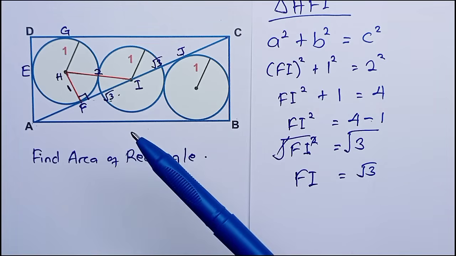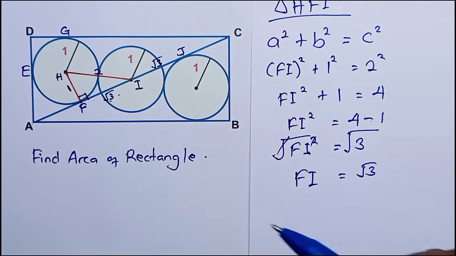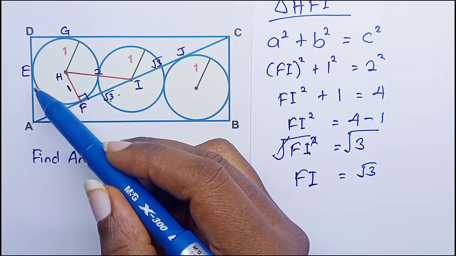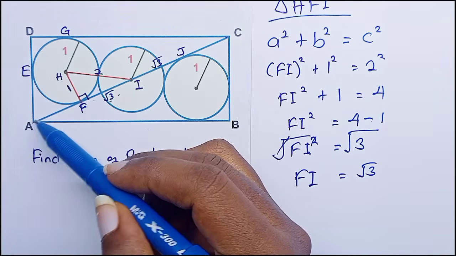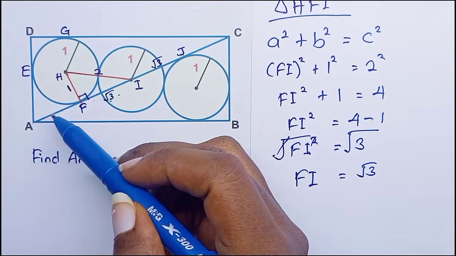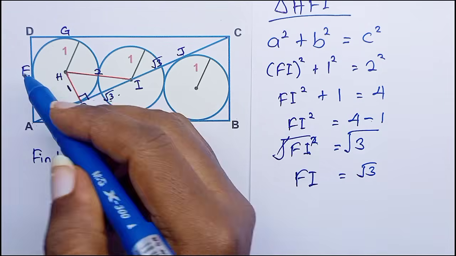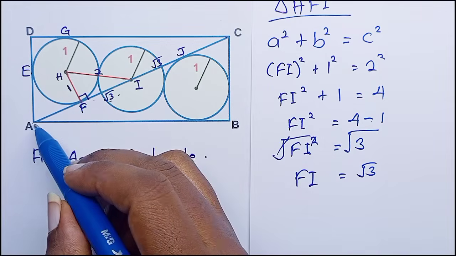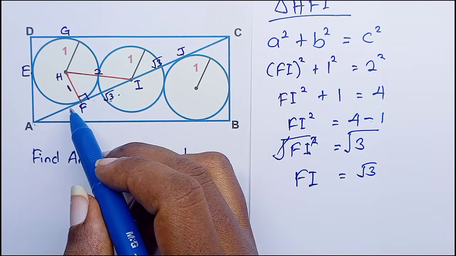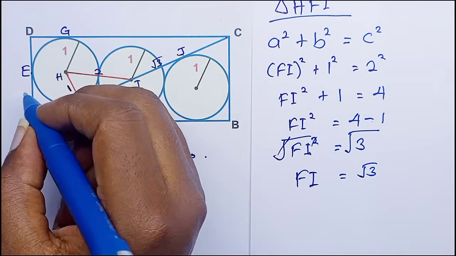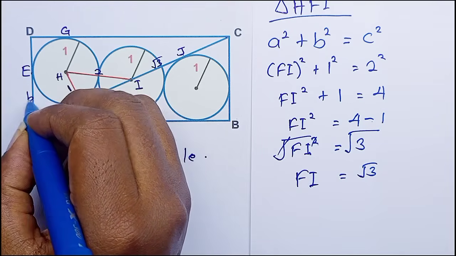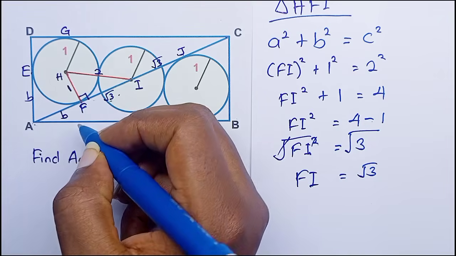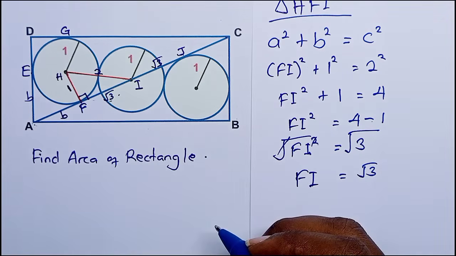Now we know that two tangent lines from a circle that meet at a point are equal. Okay, so that implies that AE is equal to AF. So let us call it B. So AE is B and AF is also equal to B.